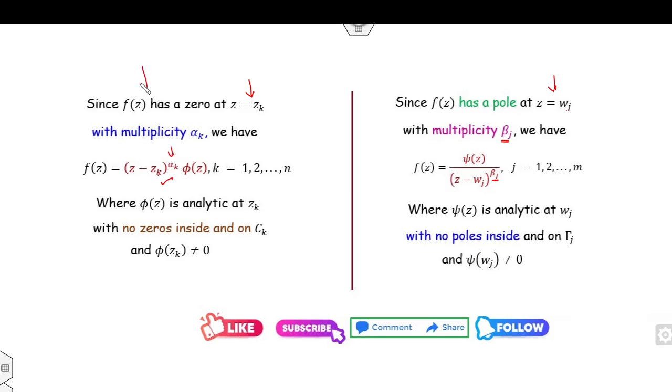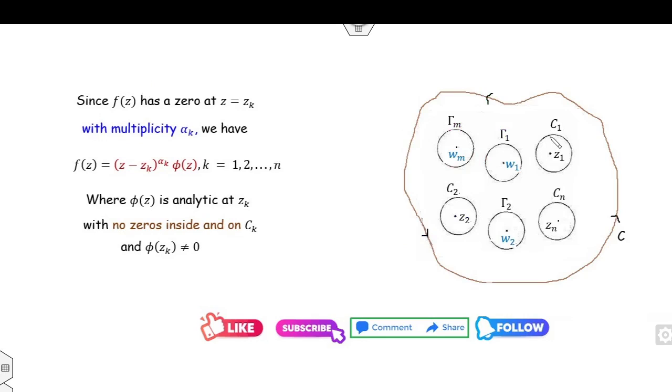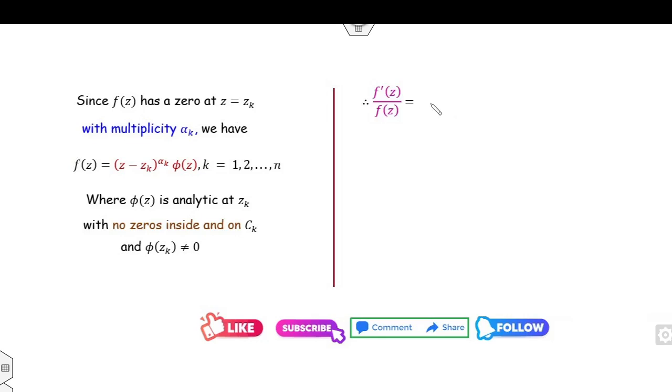So let's start with the zeros. That means we are talking about the circles C1, C2 and Cn. Our target is to evaluate the value of the integral over Ck of f dash over f. Now we know the value of f, so can you find the value of f dash? From equation number 1, can you find f dash with respect to z?